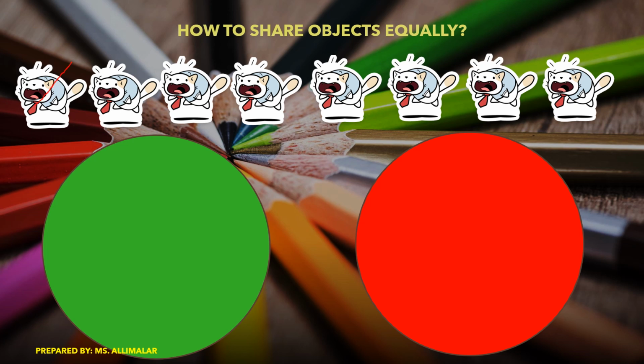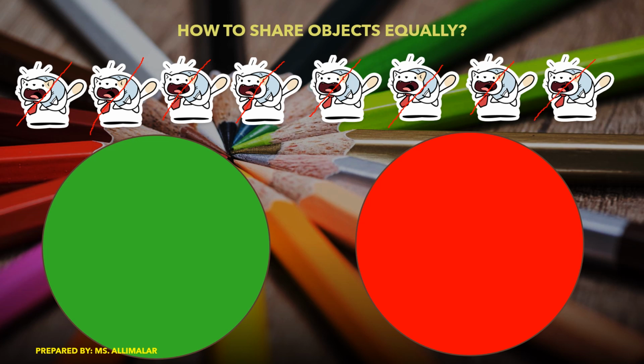First, you cut this and draw it on the green circle, and then cut the second image and draw it in the red circle, and then cut the third image and draw it in the green circle, cut the fourth image, draw in the red circle, fifth image, draw in the green circle, sixth image, draw in the red circle, seventh image, draw in the green circle, and the last image, which is the eighth image, draw in the red circle.